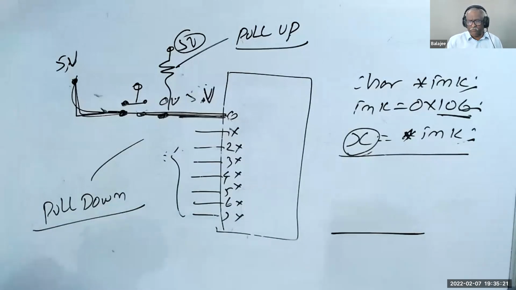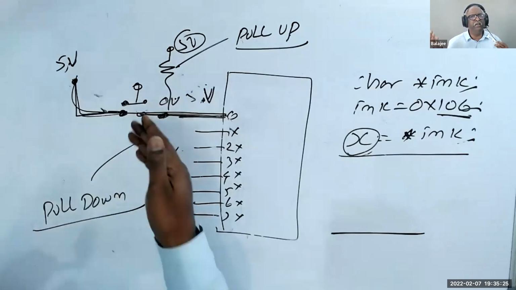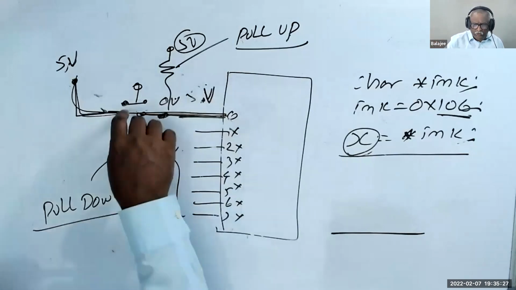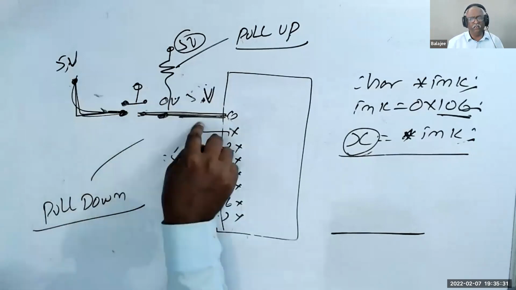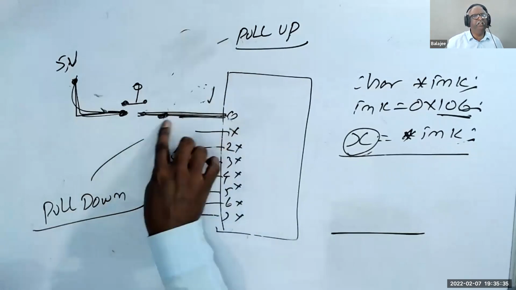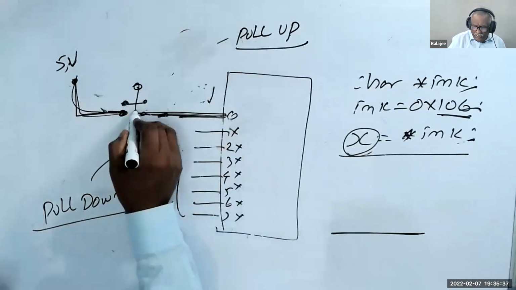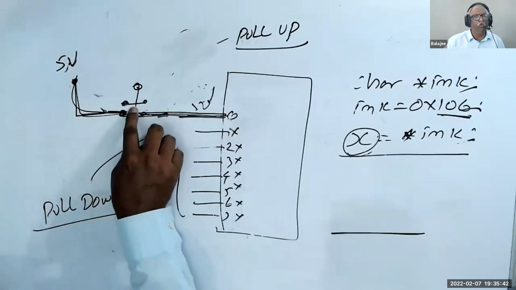And especially here it is a CMOS, so whatever previous voltage you gave it may be retained. Let's say you press the switch and release the switch. That 5 volt will be gone. That 5 volt may be there if you don't connect it. Let's say I don't connect a resistor. If you leave it, when I press the switch, I give 5 volt. When I release the switch, the 5 volt will be there.